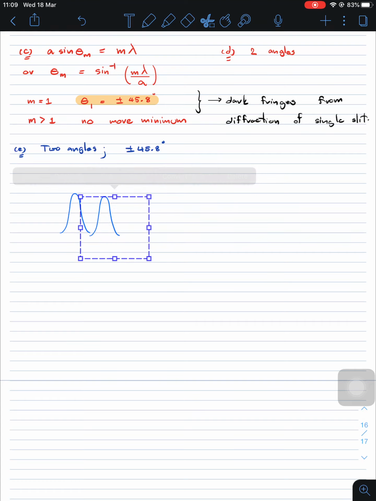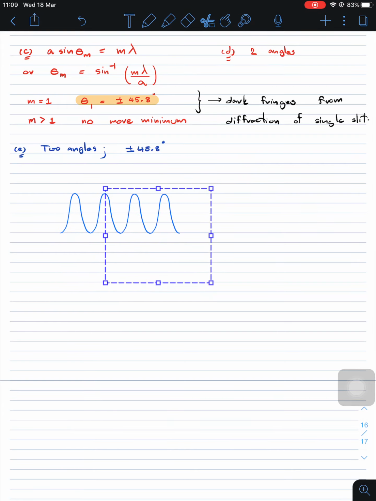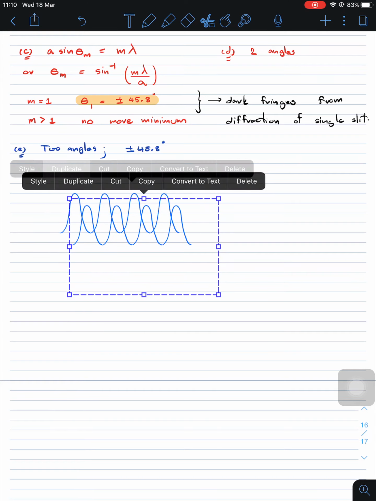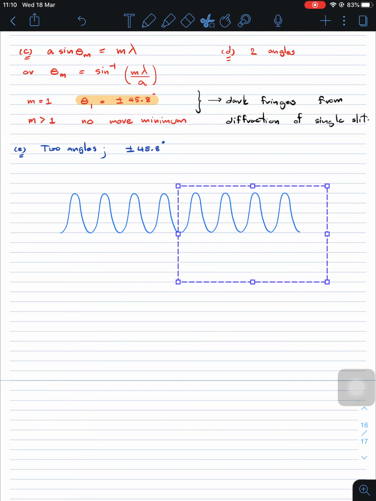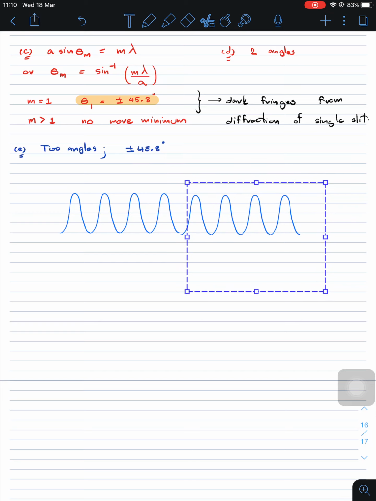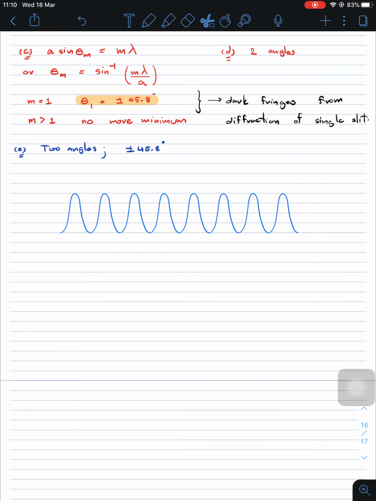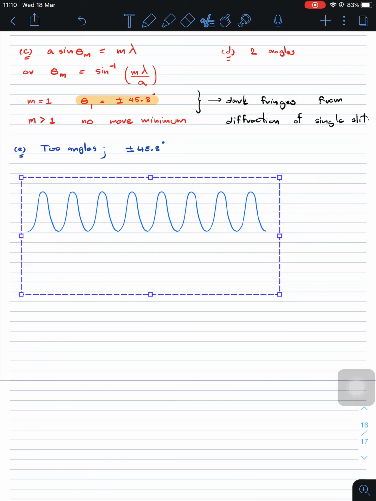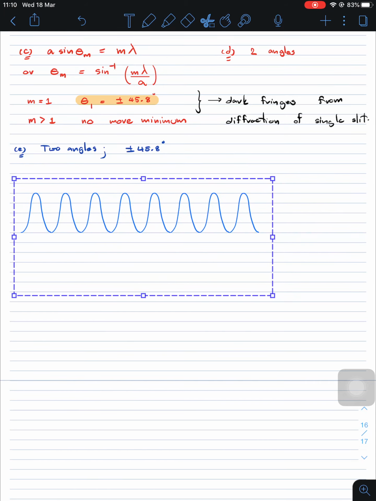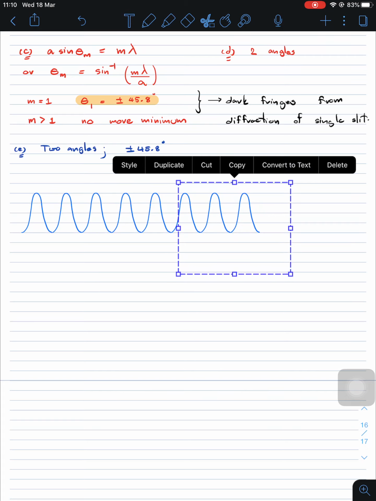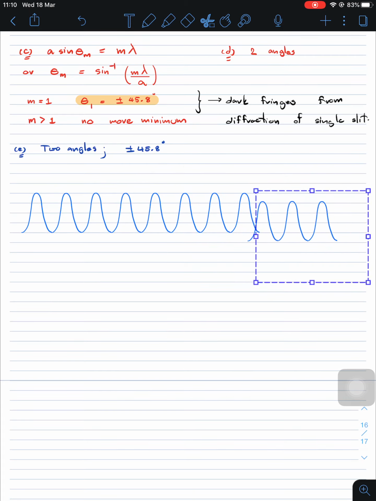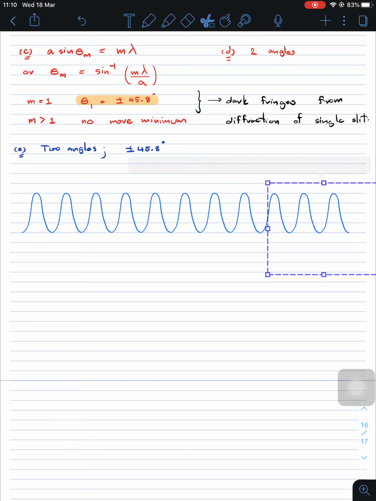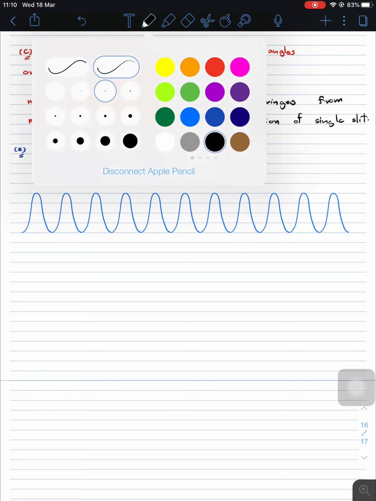Yep, this is much better. Okay, 1, 2, 3, 4, 5, 6, 7, 8, and we need 3 more, right? Okay, duplicate. Okay, that's it.